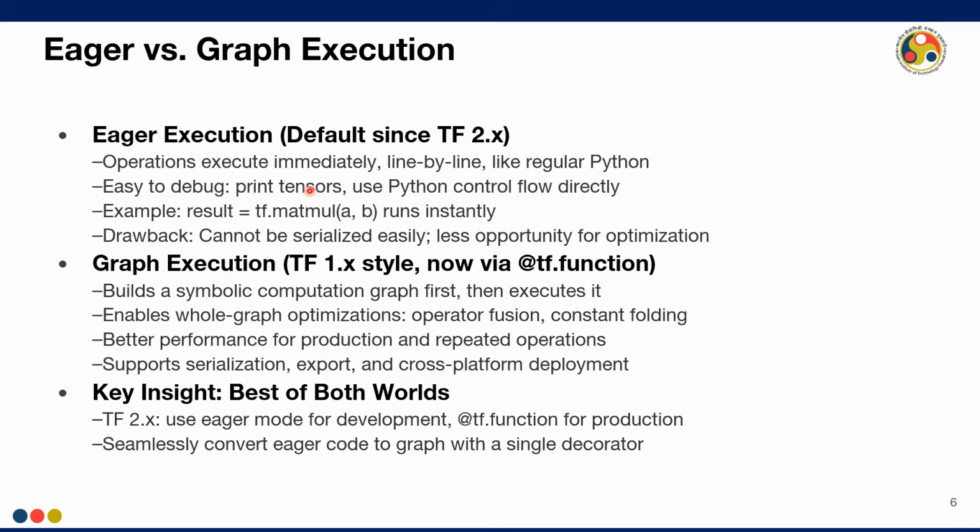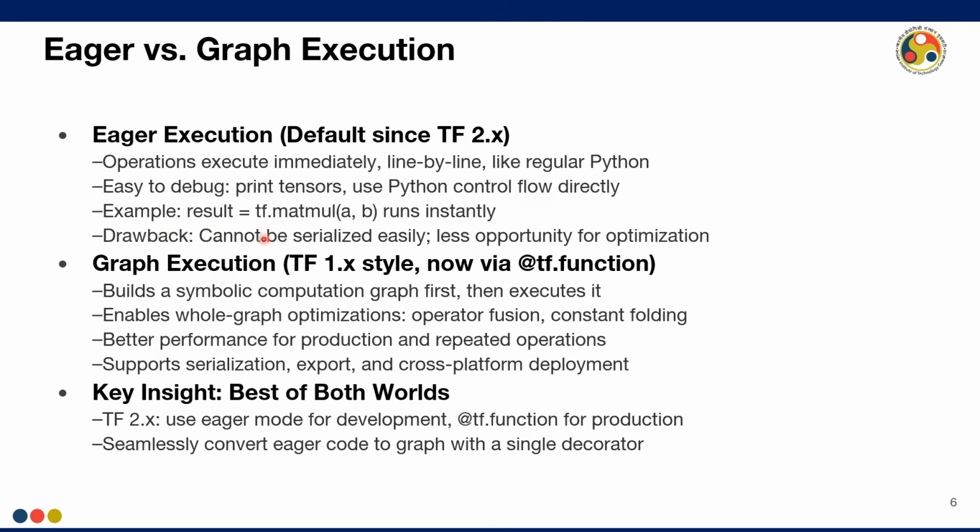One such example is result equal to, let's say, tf.matmul. Here we are multiplying two tensors, which are matrices A and B, and storing the result in this variable. When I execute this line, it runs instantly, there is no waiting. It will see the values of A and B from memory, and it will execute.